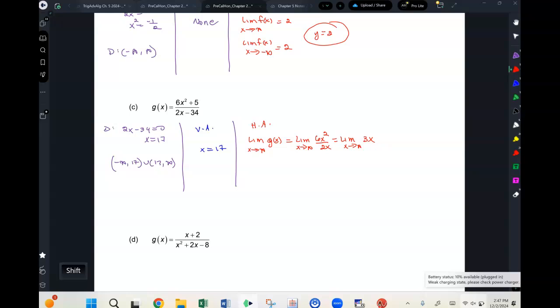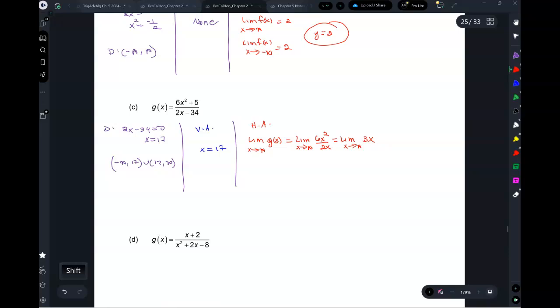So it's not flattening out at a finite number, that's the reason why if there's a higher degree in the numerator, it is not a horizontal asymptote, right? A horizontal asymptote has to flatten out at a finite number as x approaches infinity. The limit is infinity, which means there is no horizontal asymptote.